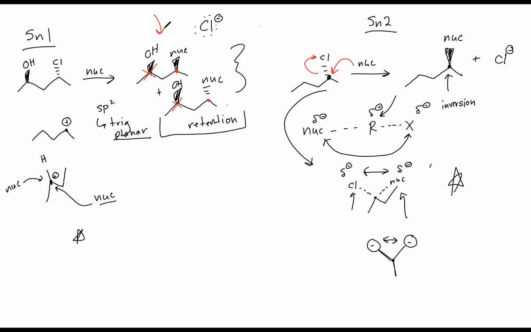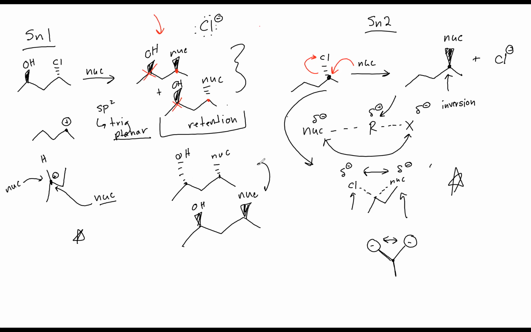So a diastereomer mixture, we cannot call that a racemic mixture because, for example, if I had two enantiomers here, they would look like this, where they're perfect mirror images with perfectly opposite stereogenic centers.